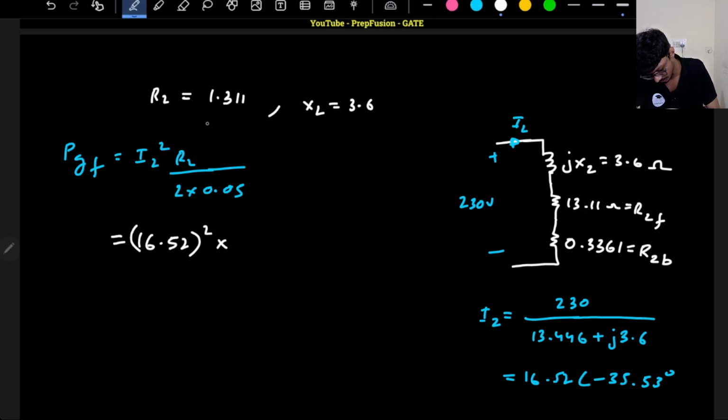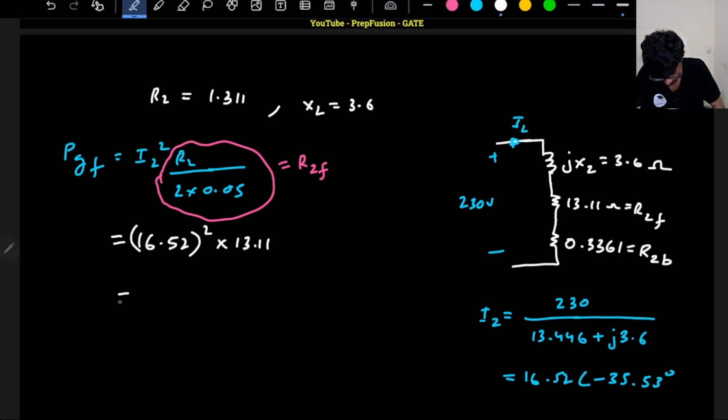Already we have calculated, this whole thing is 13.11. This whole thing is R2F. So this will be my air gap power: 16.52 whole square into 13.11. So this is 3577.85 watts.